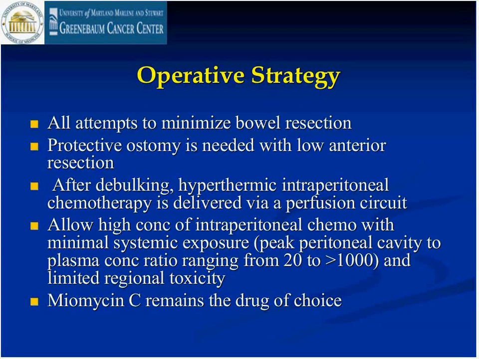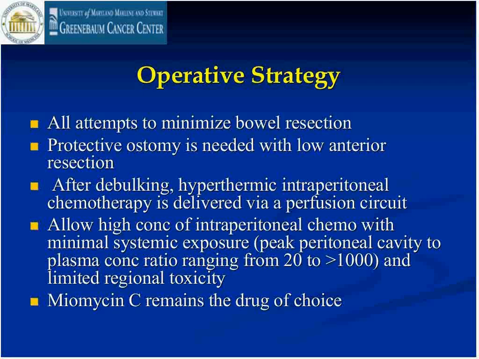So once all the tumor has been debulked, we then proceed with hyperthermic intraperitoneal chemotherapy, which is delivered via a perfusion circuit. Now, what this allows us is to deliver a very high concentration of chemotherapy in the peritoneal cavity with minimal systemic exposure because the drug is delivered locally in the peritoneal cavity.